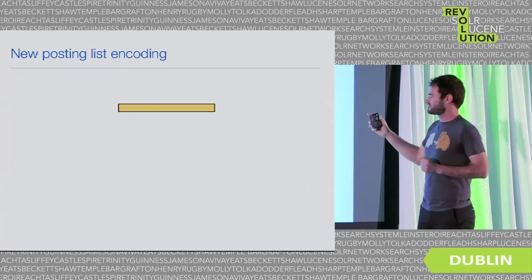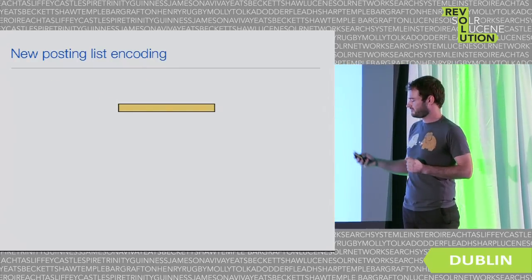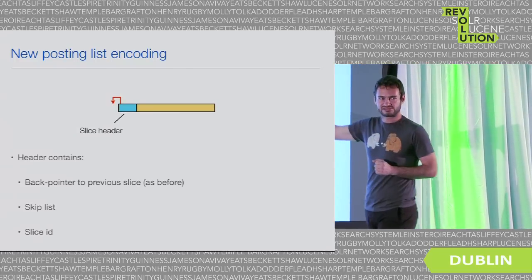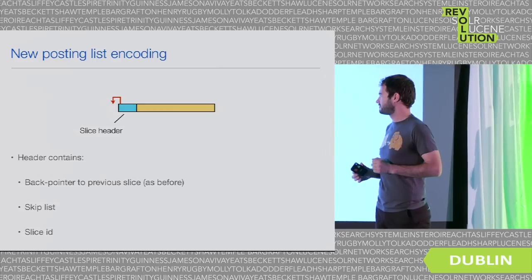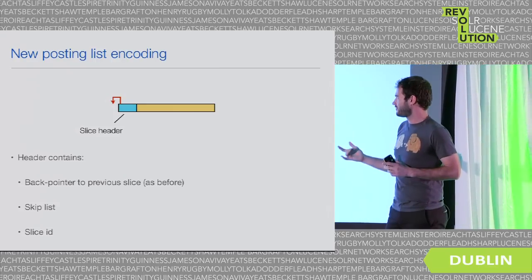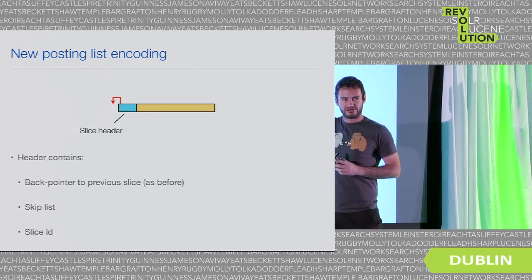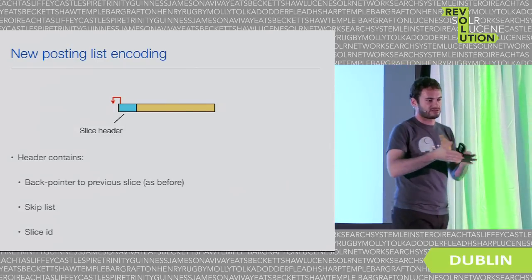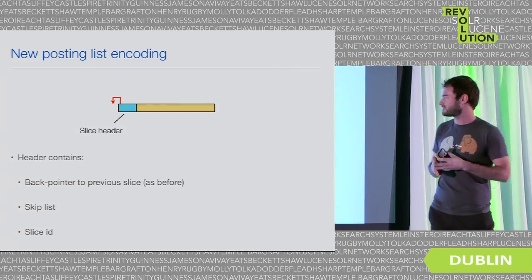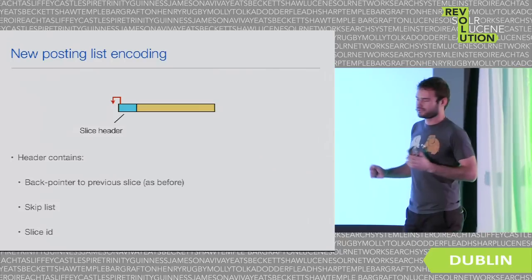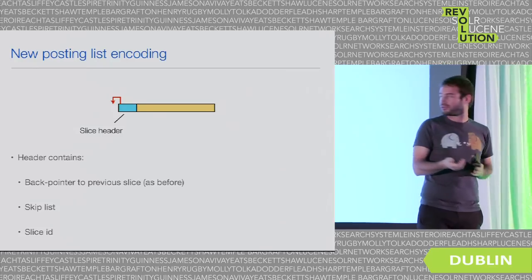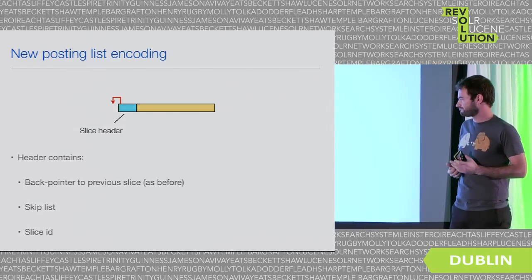If you look at how these are stored, take a slice, for example, on the lowest level. Remember there was a slice on the highest level, a 2048 integer slice. We changed the encoding now so that it has a header, and the header contains all the skip entries that I showed. Logically, the skip entries are evenly spaced over the entire posting list, or the slice in this case, but now we store them together in the header of the slice for cache efficiency reasons and simplicity reasons.